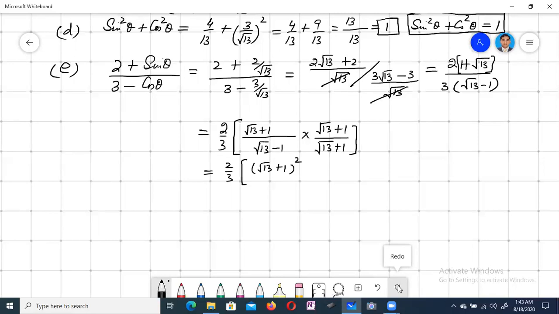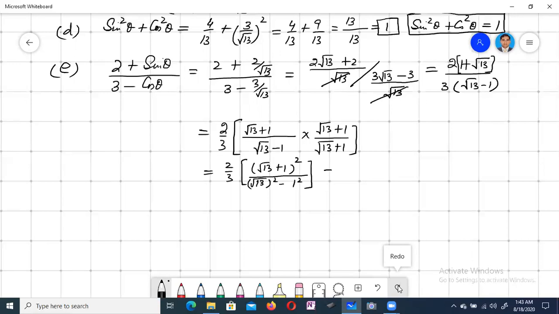You know the formula, a minus b into a plus b will be a square minus b square. Okay, then in denominator, a square is square root 13 square, then square root cancels, only 13 will be here. Square root 13 square minus b square is 1 square.